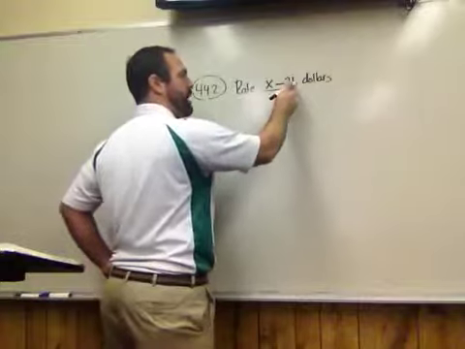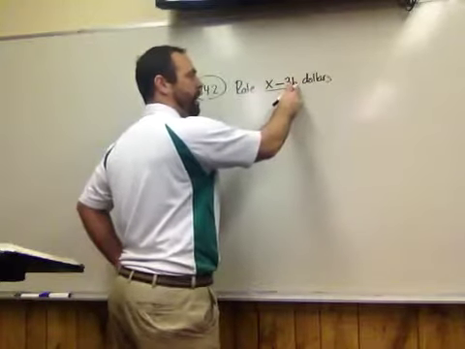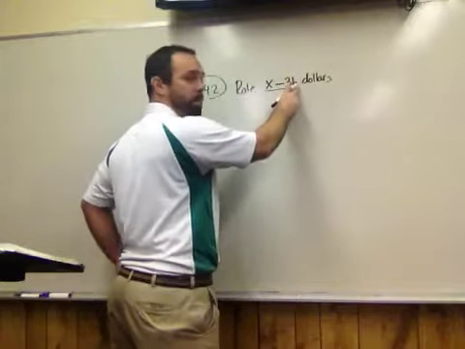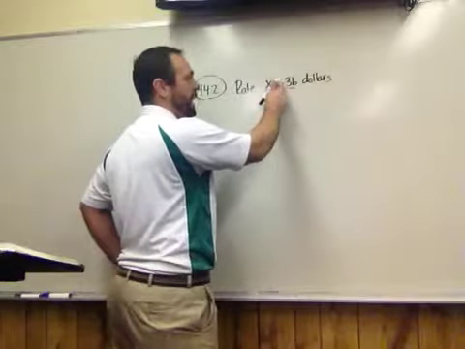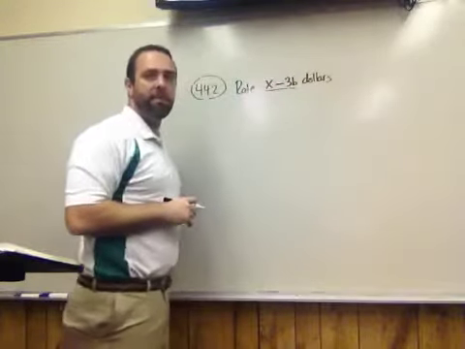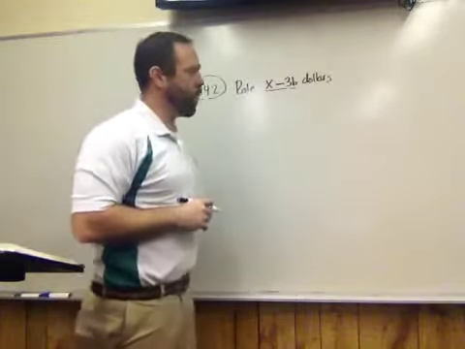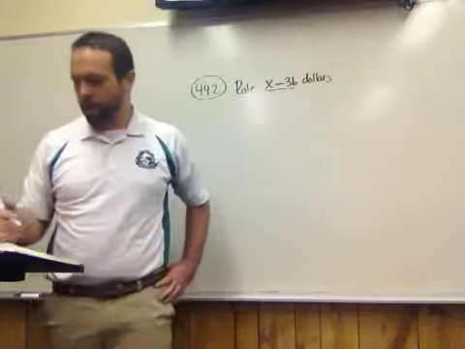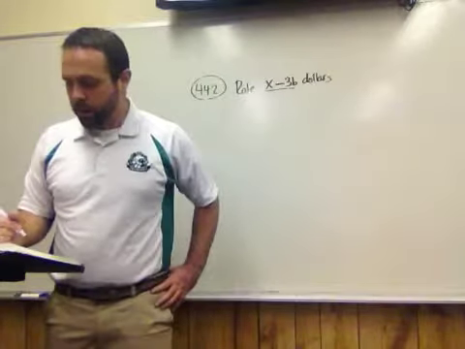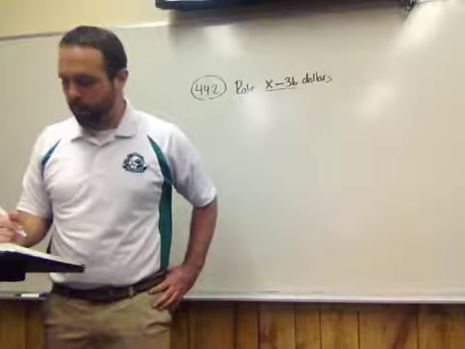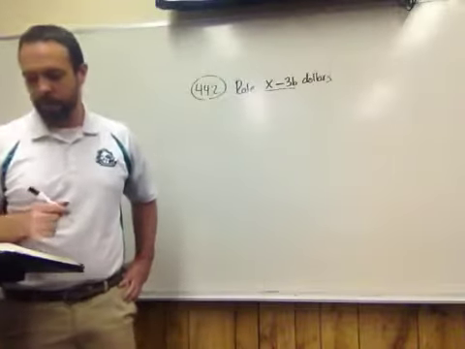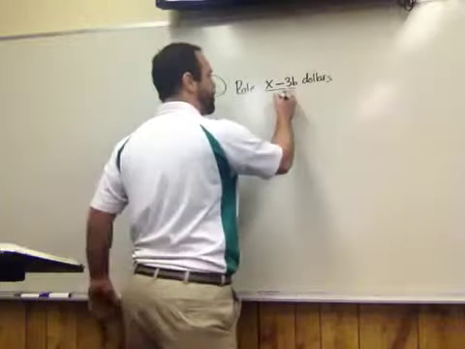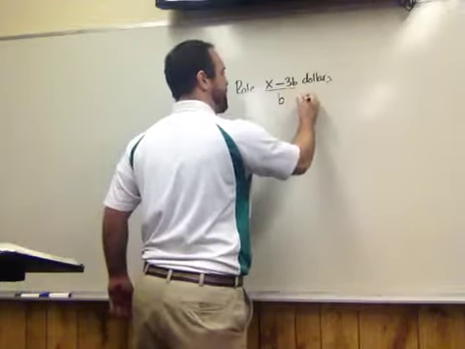So if I had 10 basketballs and $3 off each, I would subtract 30 because I would have saved $30. So that's my dollars part. Then the other part is how many basketballs am I purchasing? Well, the number of basketballs doesn't change. I'm purchasing B basketballs.